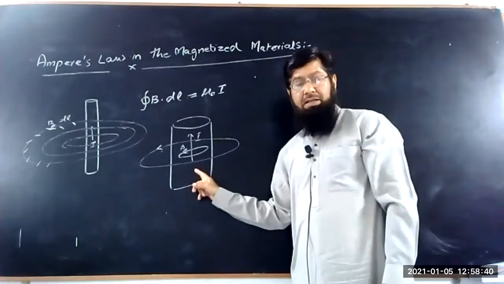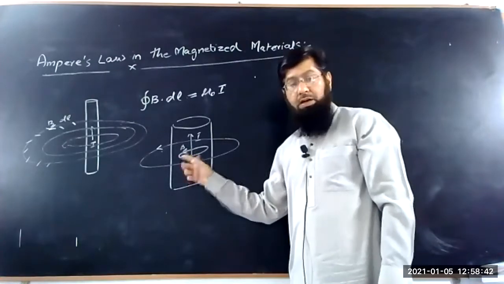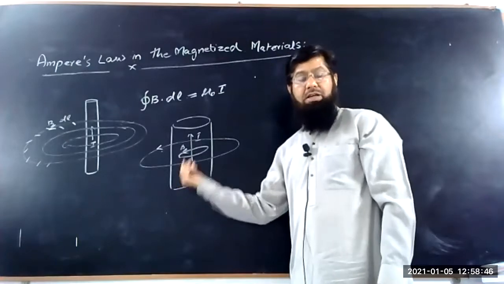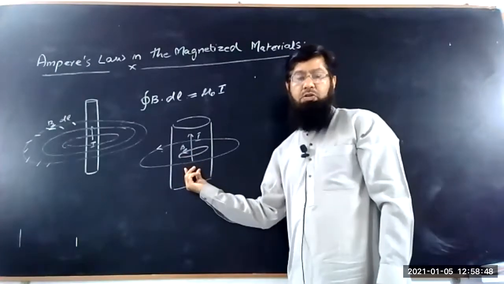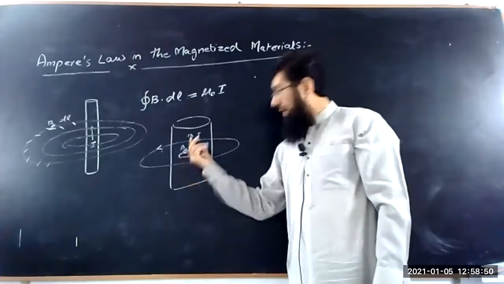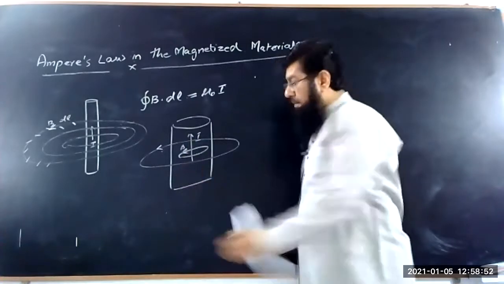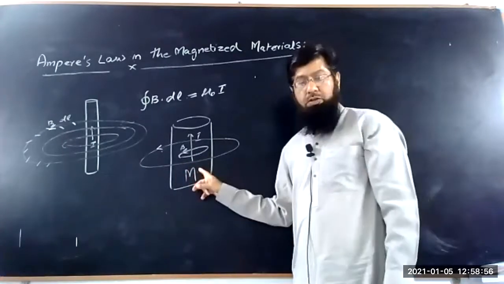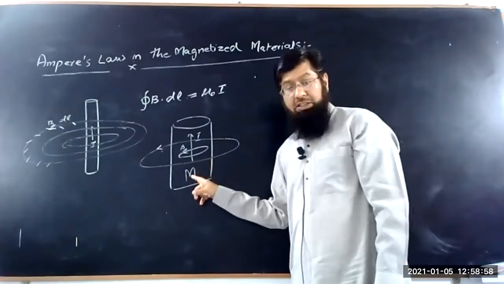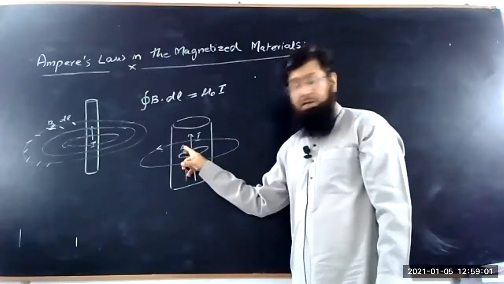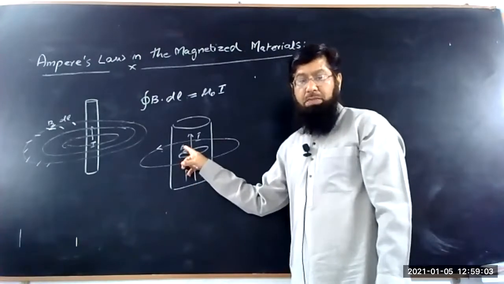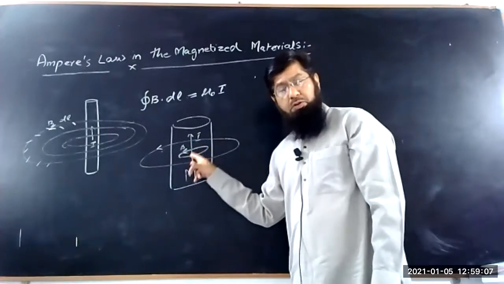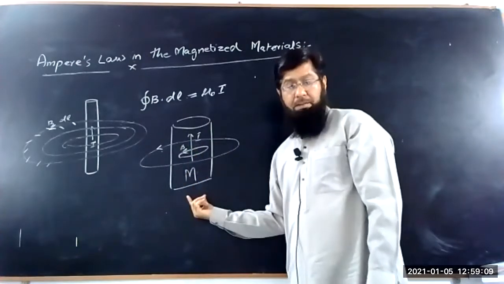As a result, the magnetic field inside the material increases. So inside the material there may be a magnetization M, the magnetization per unit volume, and this magnetization is directly proportional to the applied magnetic field, because the same magnetic field is produced inside the wire.